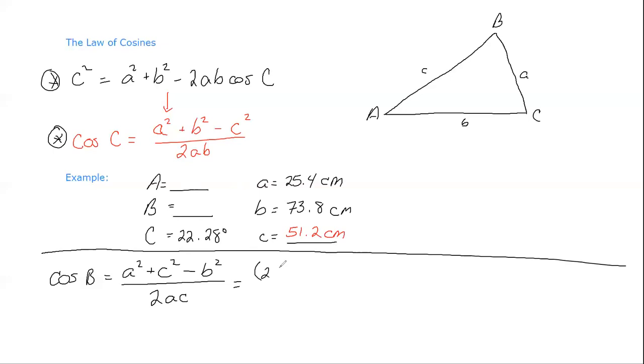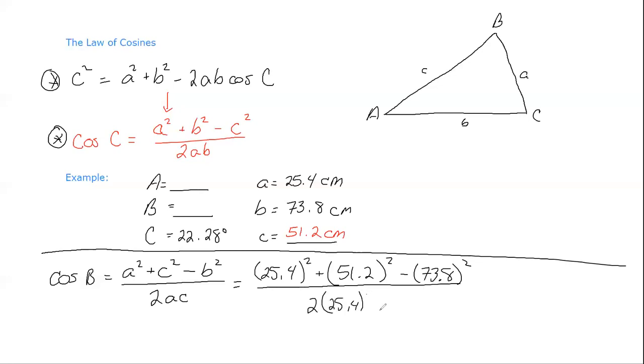So this is going to be 25.4 squared plus 51.2 squared minus 73.8 squared, divided by 2 times 25.4 times 51.2.